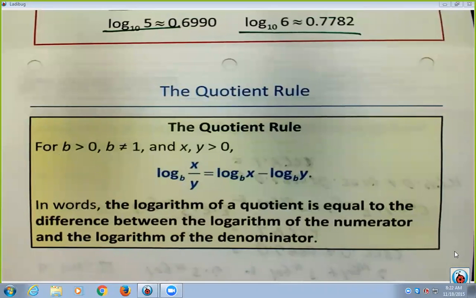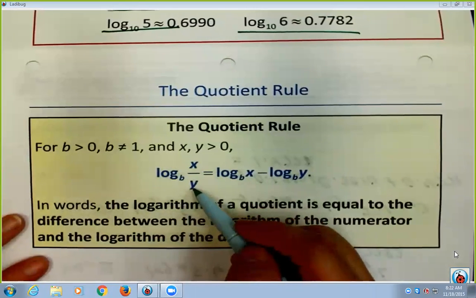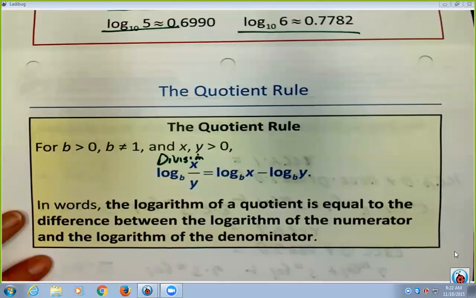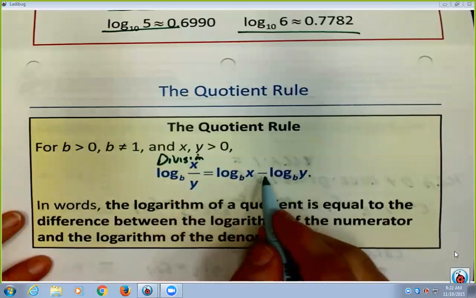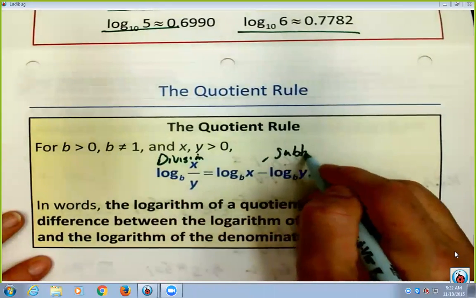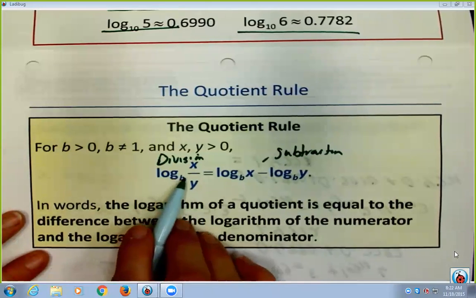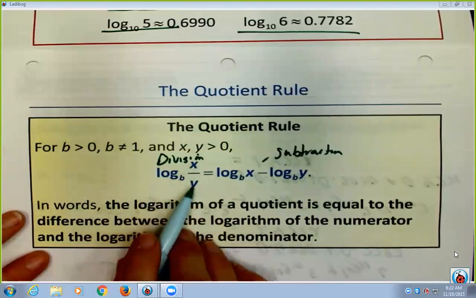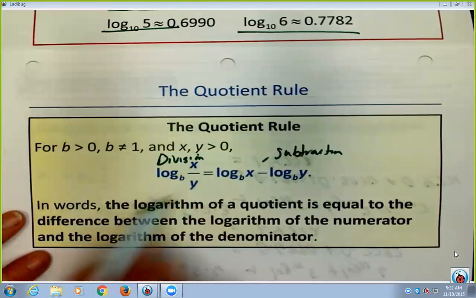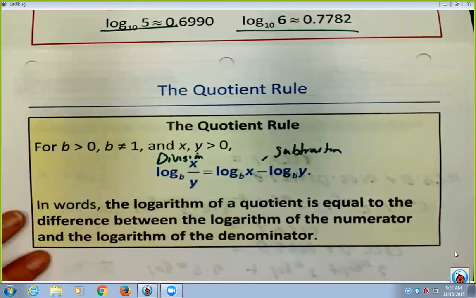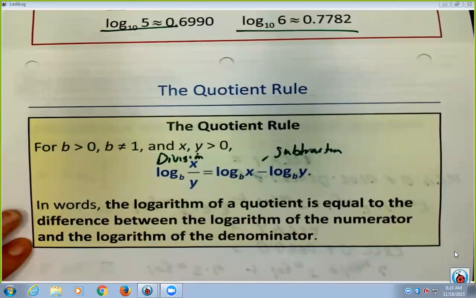And the quotient rule is stating that if I have something divided by something, so this is division, I'm going to use subtraction when I expand it out. So whenever you look at this, here's my log, my base. These two are dividing, x divided by y. Whenever you see this division happening, you're going to do a subtraction in there. So we're going to subtract those two values to come up with your answer.